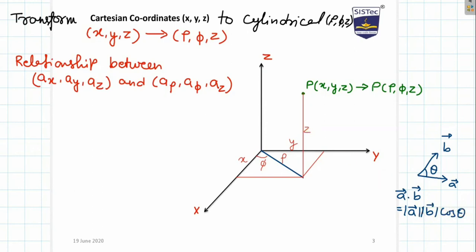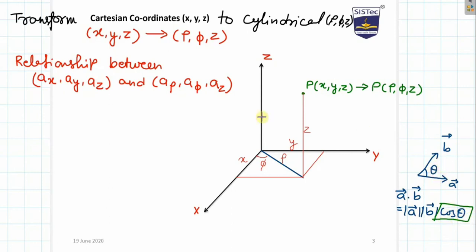This is important. If we do the dot product of two unit vectors, the magnitudes are obviously 1 and 1, times the cosine of the angle between the two.